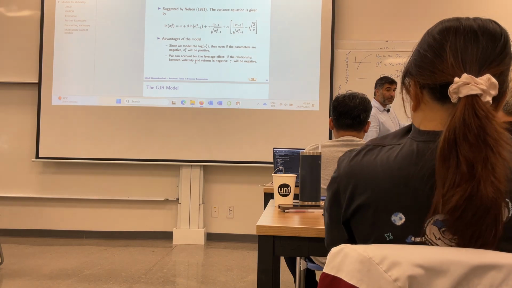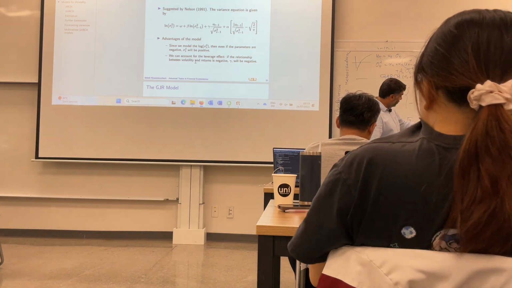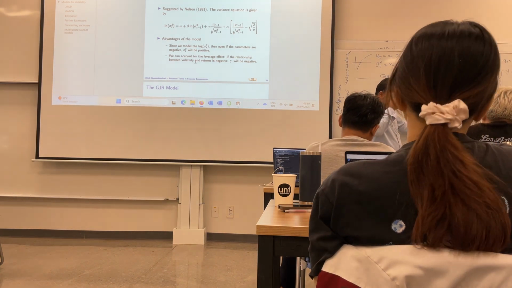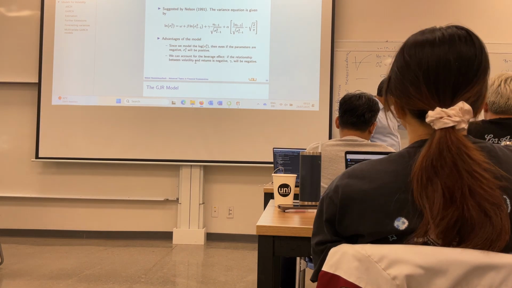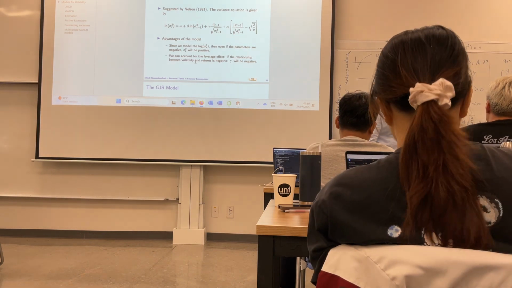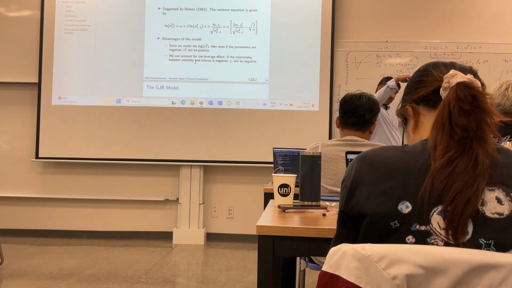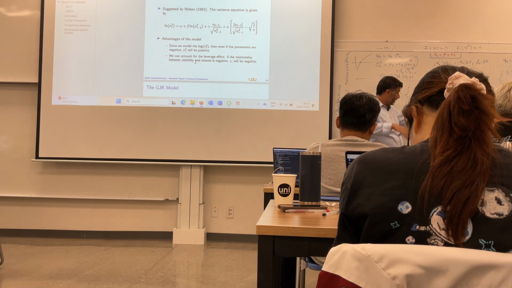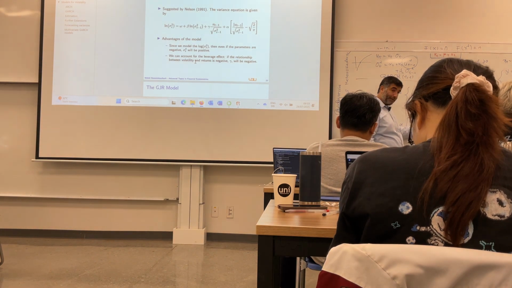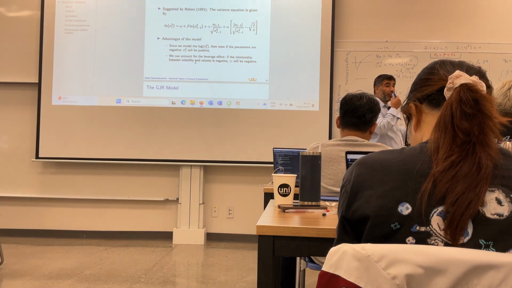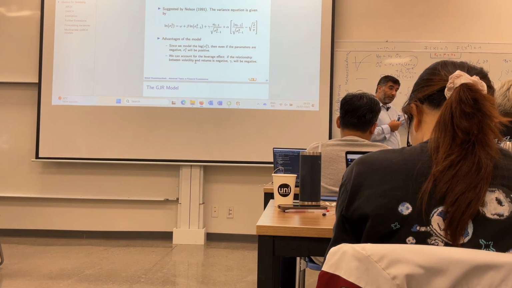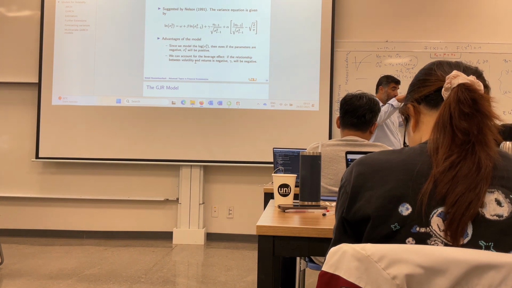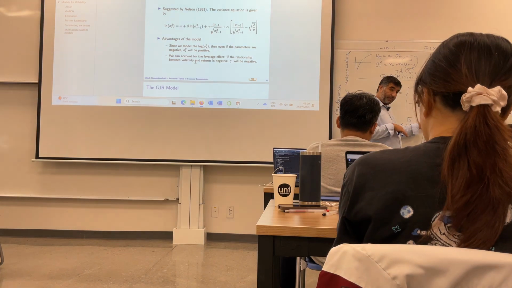Now let's say gamma is 0.1 and alpha is 0.2. When you are above the mean, the volatility will increase with more return. So if return is high, the volatility will be higher.